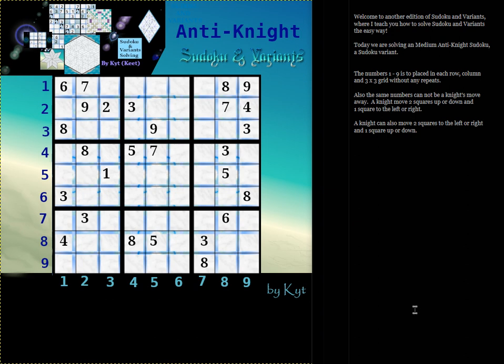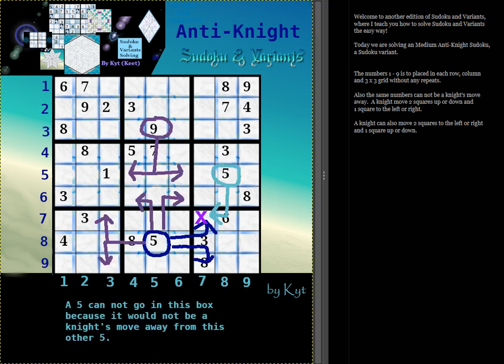The numbers 1 through 9 are placed in each row, column, and 3x3 grid without any repeats. Also, the same numbers cannot be a knight's move away. A knight moves 2 squares up or down and 1 square to the left or right.